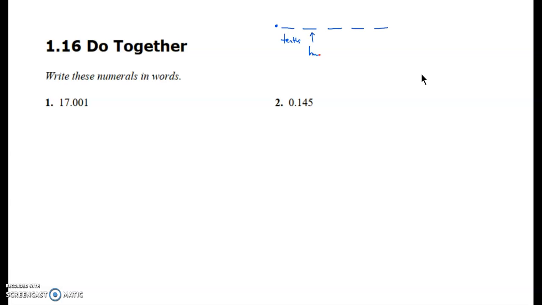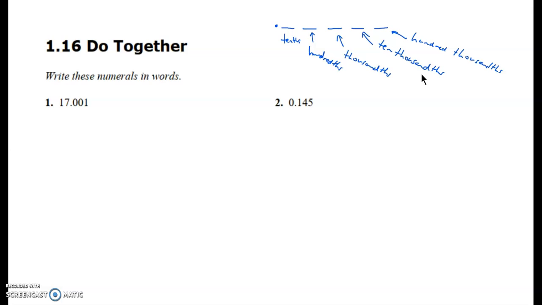Next position is hundredths, then thousandths, then 10,000ths, hundred thousandths. And if we had to go one more, then we would go to the millionths place.